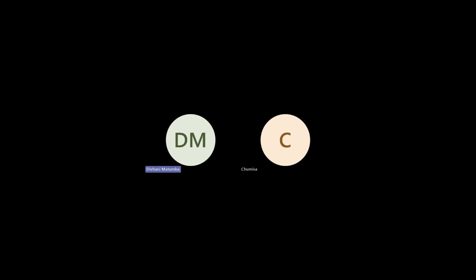Okay. And then after separation, the amount of charges that are contained on both spheres, is it different or is it the same?